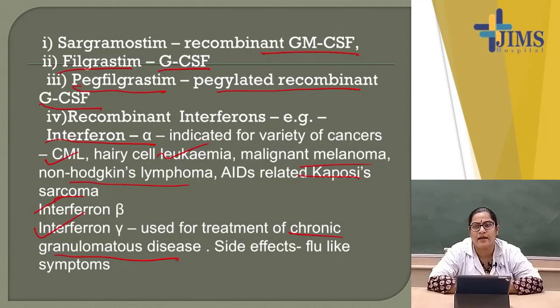You have to know some uses of these monoclonal antibodies like infliximab, basiliximab, omalizumab, and rituximab. These are the important monoclonal antibodies you have to know the different uses of.